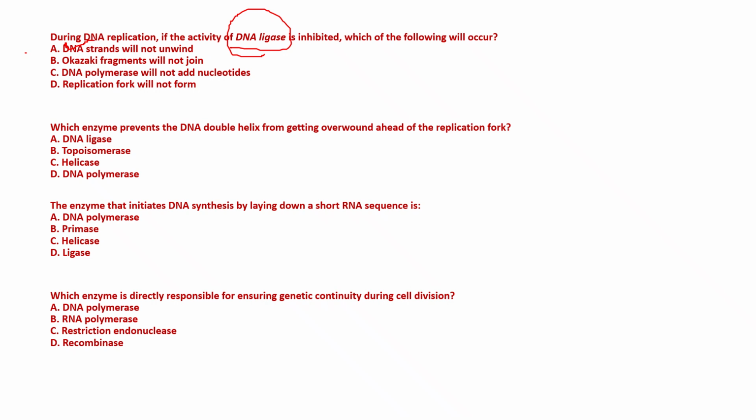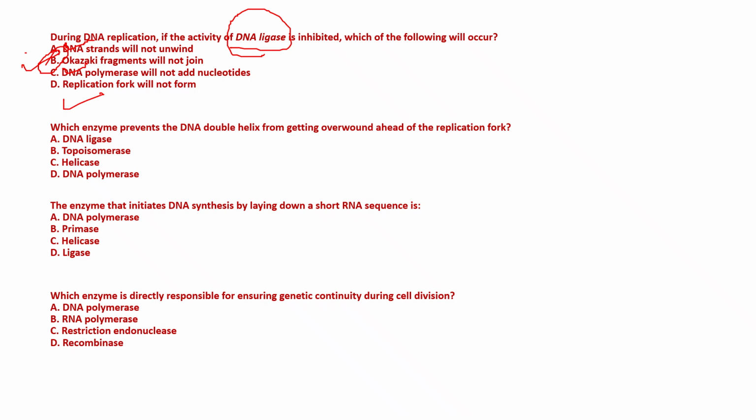No. The third option says DNA polymerase helps in getting multiple copies of DNA, and the replication fork will not be formed by DNA ligase. So the answer is option B, Okazaki fragments. The ligase joins the Okazaki fragments on the lagging strand. Without it, small DNA pieces remain unjoined. So the option is the second one.